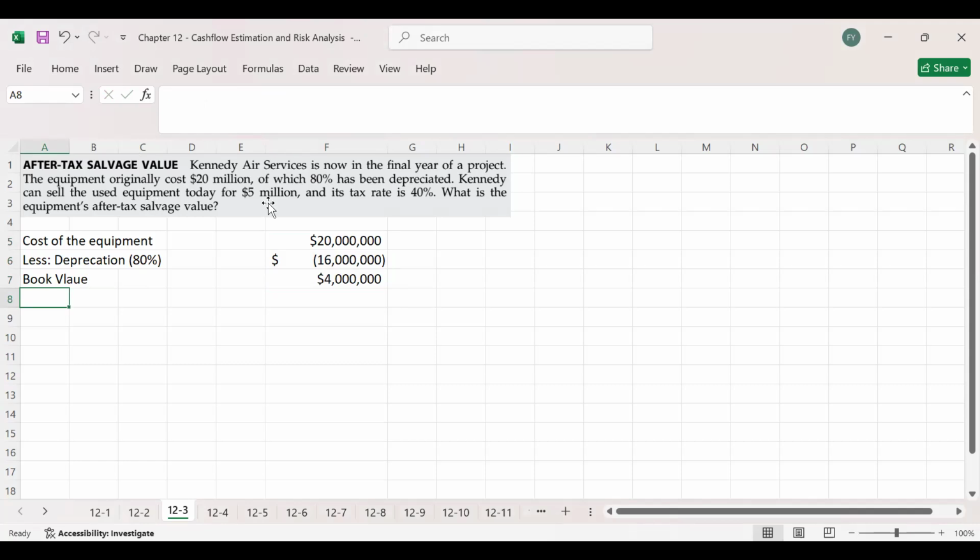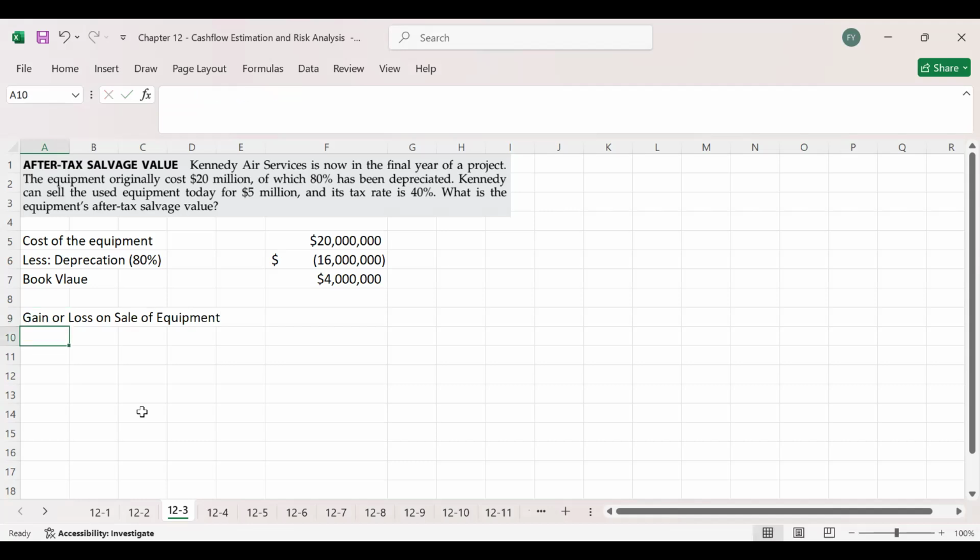Then the company can sell the equipment today, so we are going to calculate now the gain or loss on the sale of equipment.